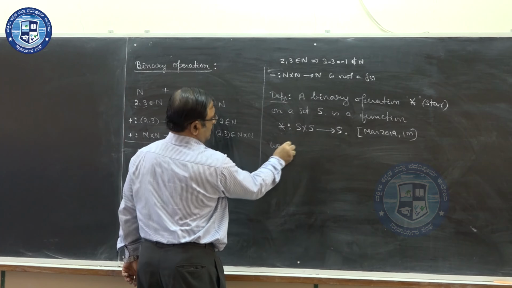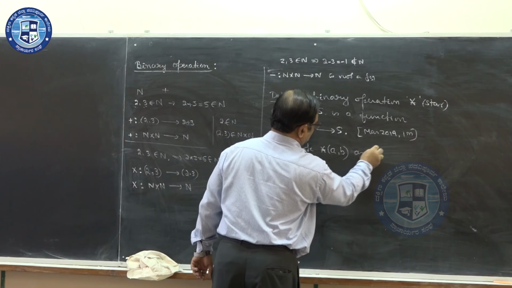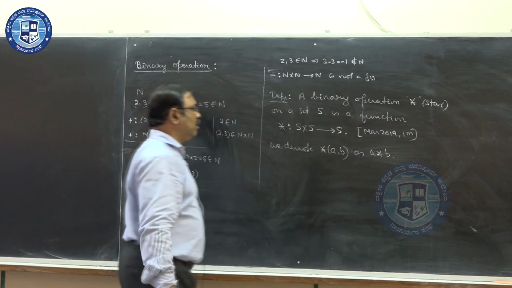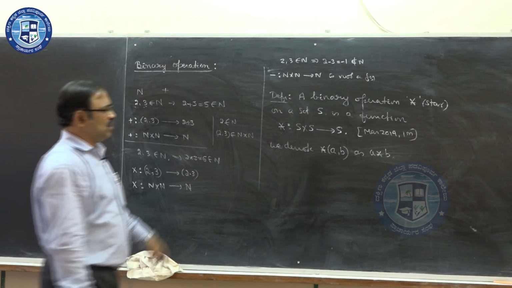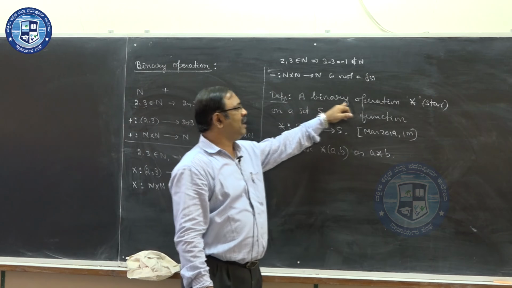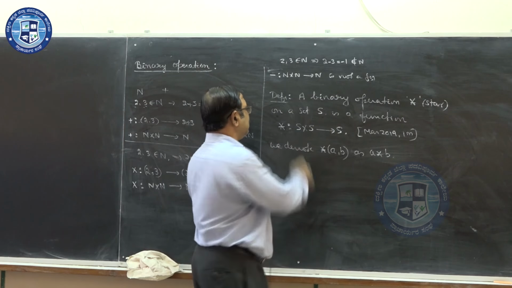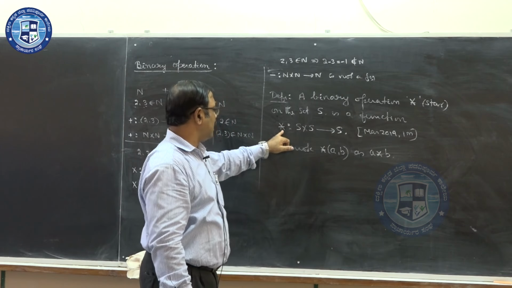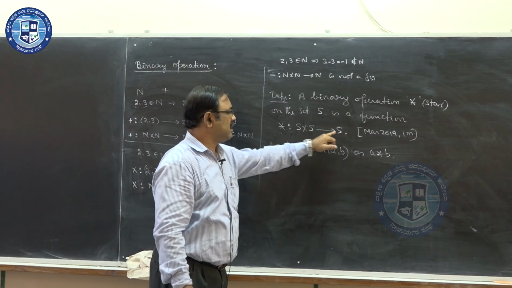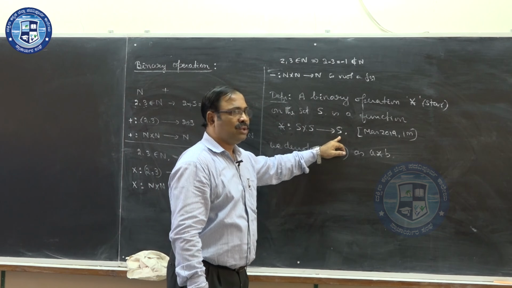We denote star of an ordered pair A, B as A star B. So, I repeat, a binary operation star on the set S is a function star from S cross S to S.